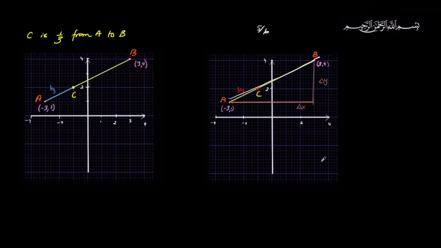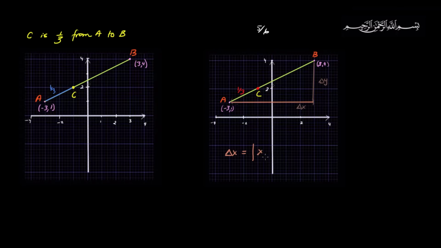So to find the ordered pair C, what I have to do is first find the change in x, this whole distance over here, and then find the change in y, this whole distance over here. That's pretty easy to do, because the change in x is basically the absolute value of the difference of the two x values.